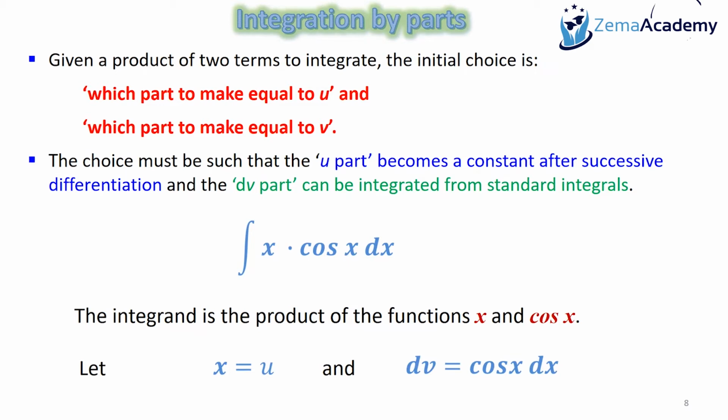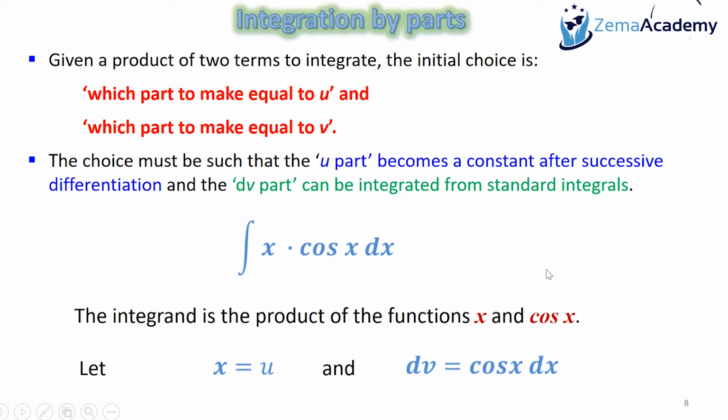Or in case I use dv equal to cos x dx, when I integrate this dv, I will get v equal to sin x. So by putting a trigonometric term as dv, it is likely to be solved more easily as compared to making cos x equal to u.